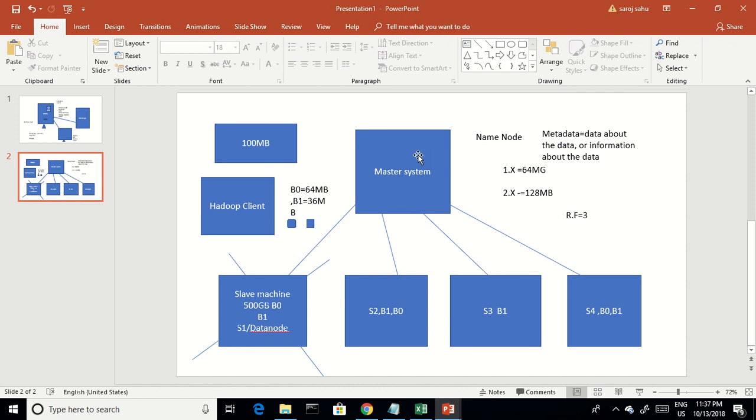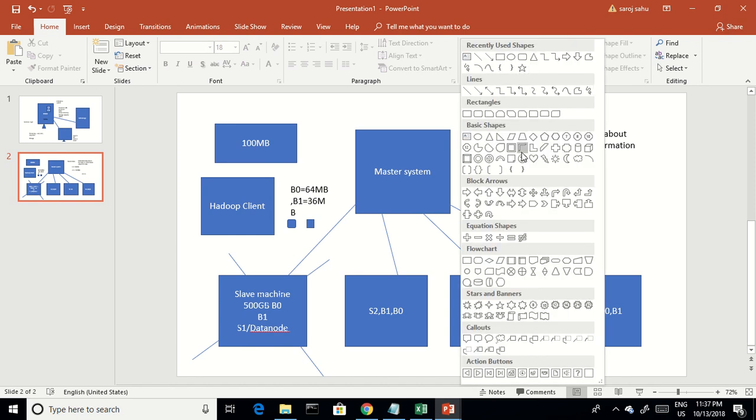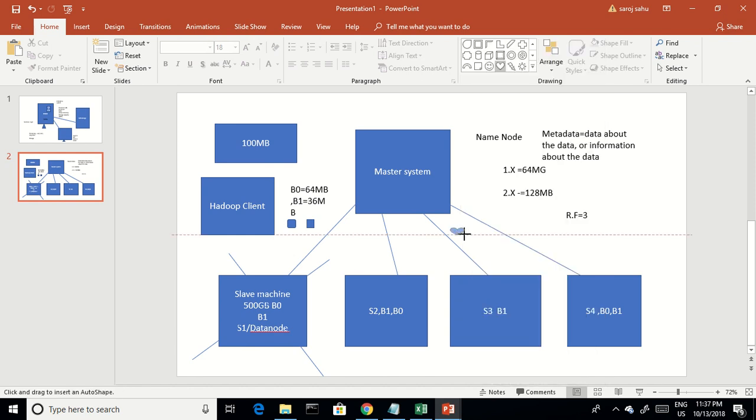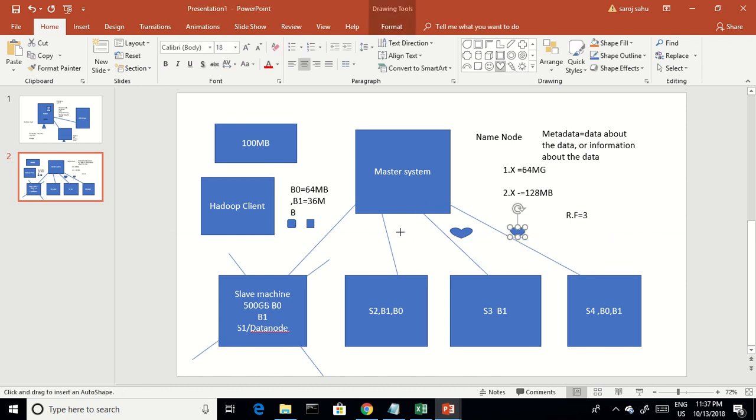It will get the heartbeat signal from every data node, from every machine, every 10 seconds.